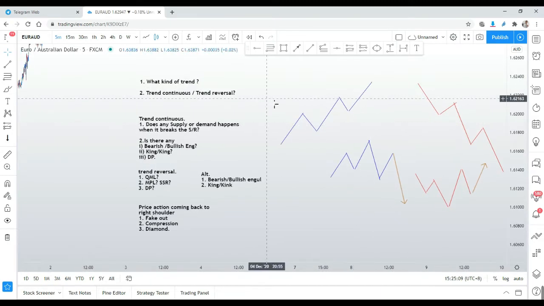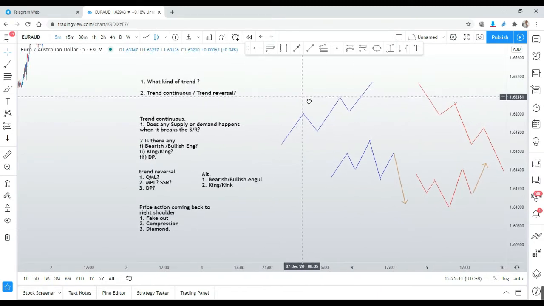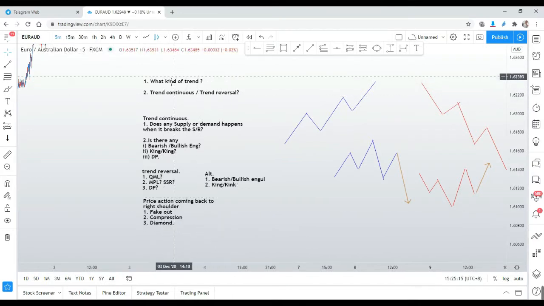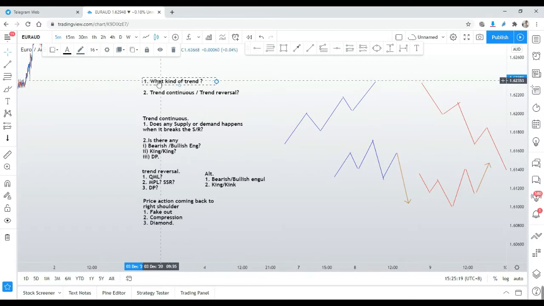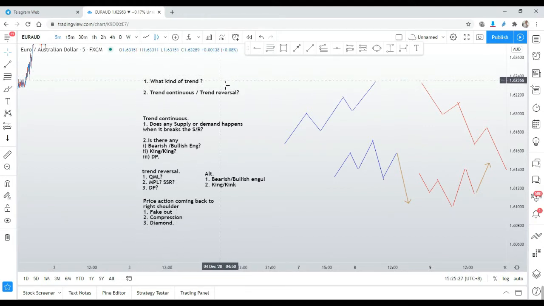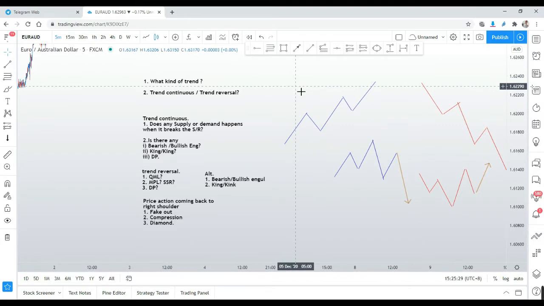So first of all, you must ask yourself a lot of questions. Firstly, what kind of trend are you trading? This question has two answers. First of all, are you trading on a major trend or a minor trend?